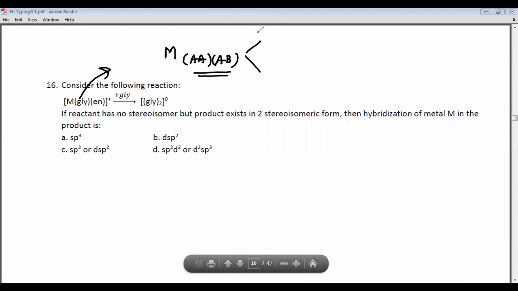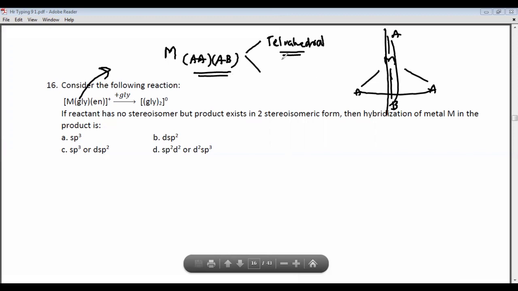That's perfect, because we have two possibilities. If this is tetrahedral, we would expect optical isomerism. But we discussed that if there is a symmetric bidentate ligand, then there will be a planar symmetry in this plane.